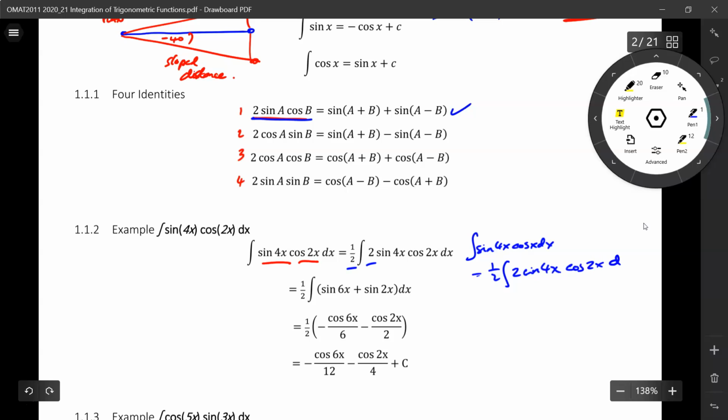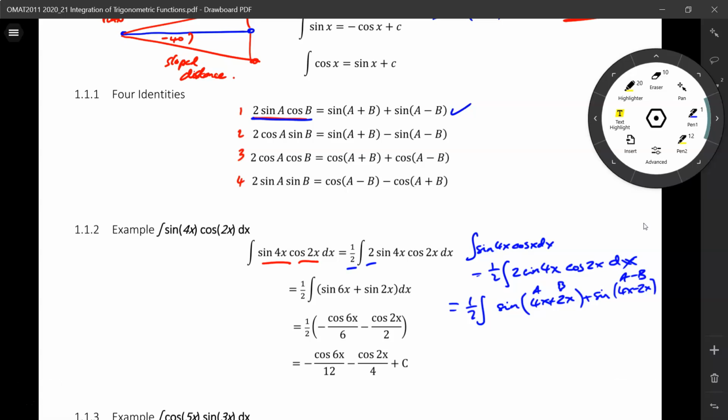So that is equal to a half times the integral of sine of a plus b, so that's 4x plus 2x, that's a, that's b, plus the sine of a minus b, 4x minus 2x. So that's how you get the half times the integral of sine of 6x plus the sine of 2x.